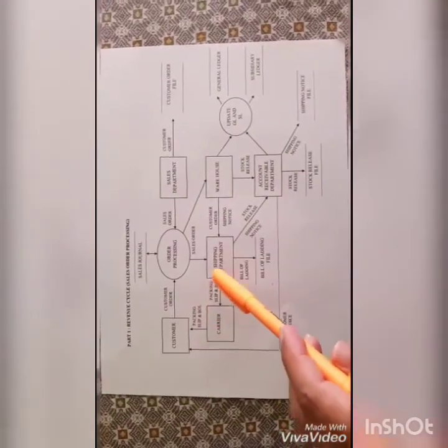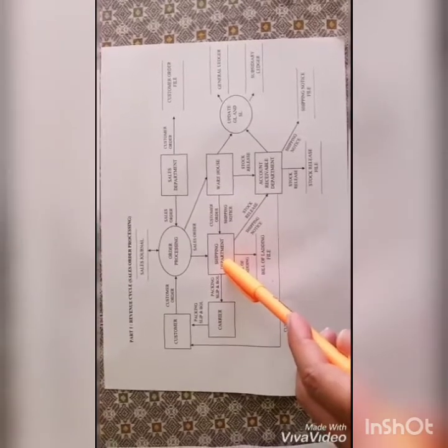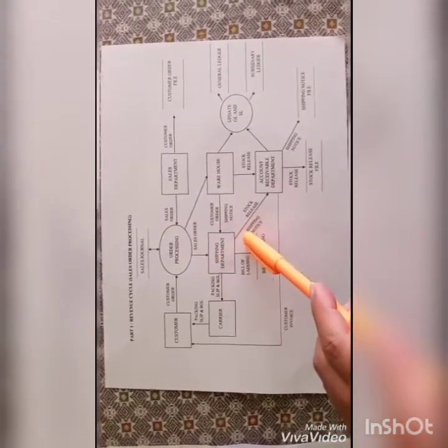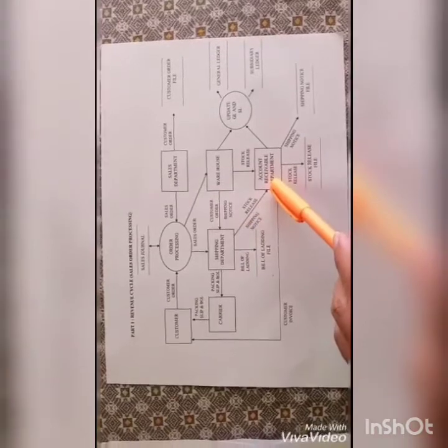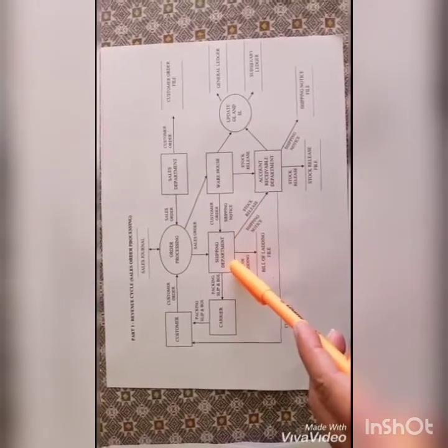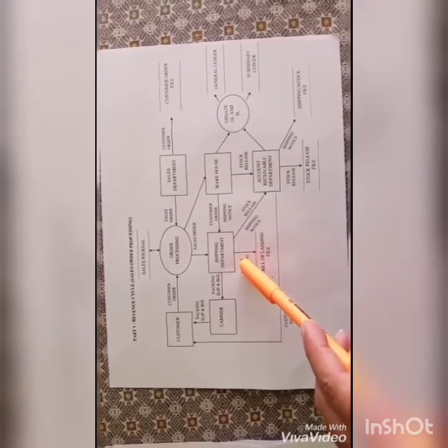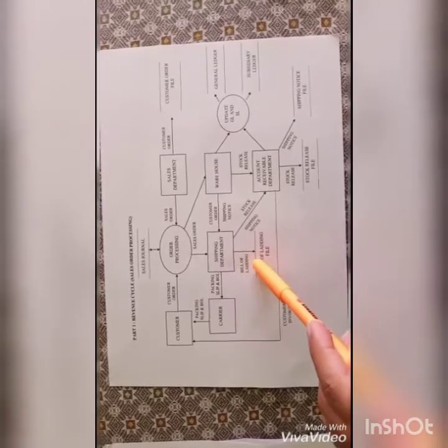A copy of the stock release and shipping notice are sent to the account receivable department. After that, a copy of the bill of lading is filed in the shipping department.